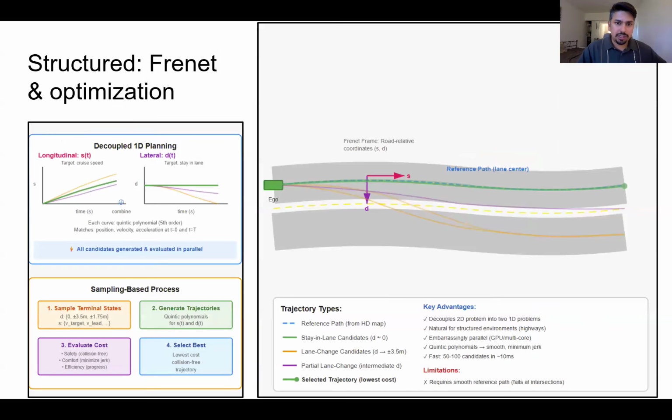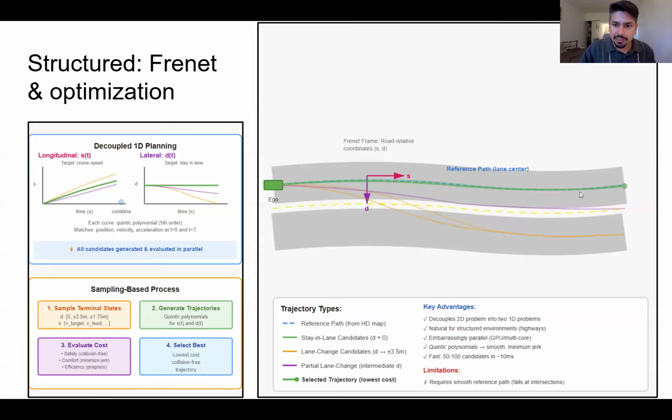And another approach that we also see very commonly is using the Frenet and optimization framework. This is where the output from your behavior planning, your finite state machine, is that, let's say, the solution we're looking for is following the trajectory and keeping in our current lane.